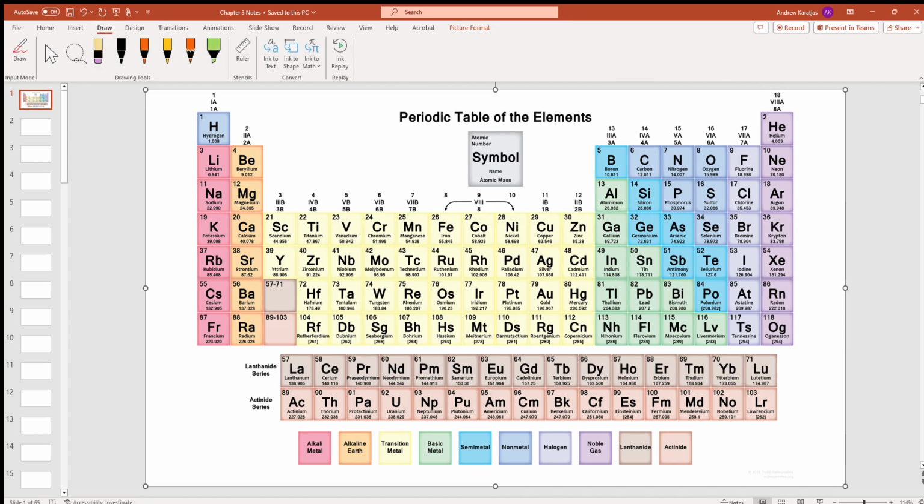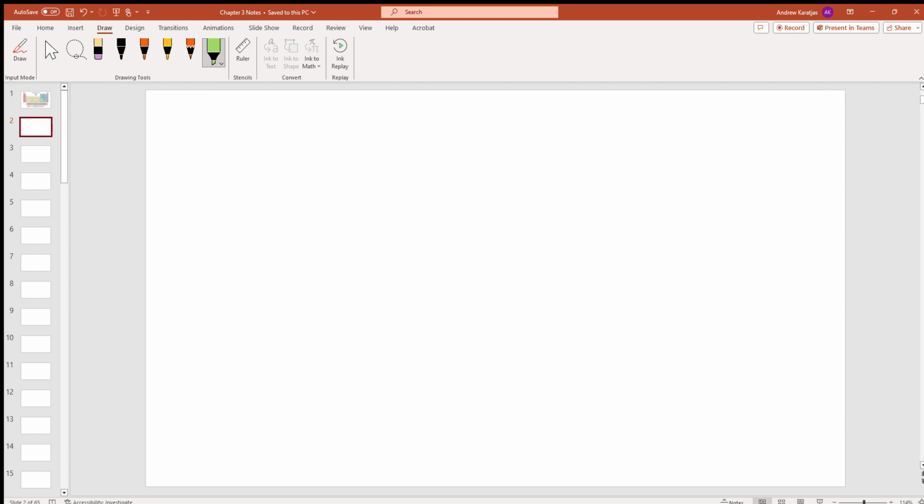Probably the most important group, and I would recommend remembering these: hydrogen, nitrogen, oxygen, and the halogens all exist as diatomics.